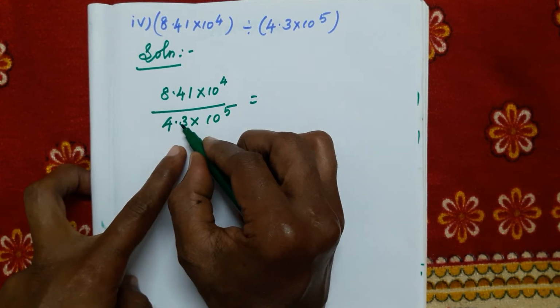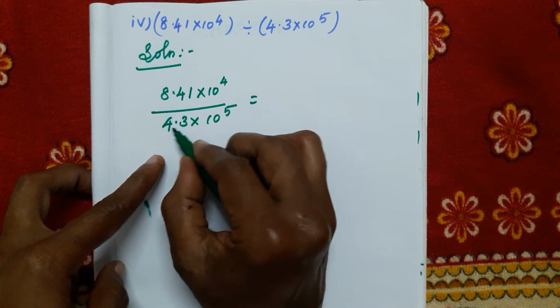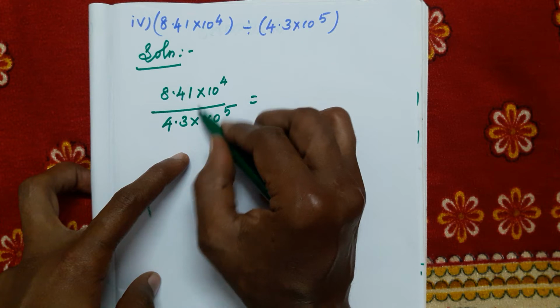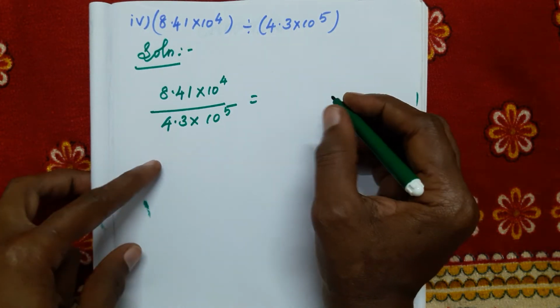For that, if you want to convert 4.3 into 43, which number we want to multiply? 10 we want to multiply in the numerator and denominator.